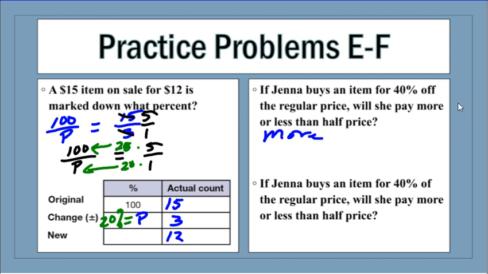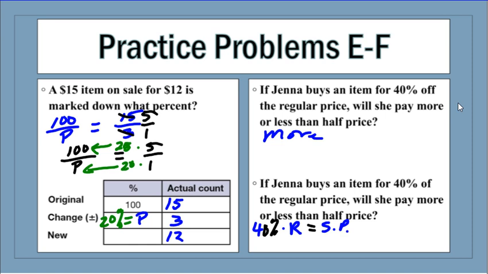If Jenna buys an item for 40% of the regular price, will she pay more or less than half price? So if it's 40% of the regular price, 40% of means times the regular price, that would be the sales price.